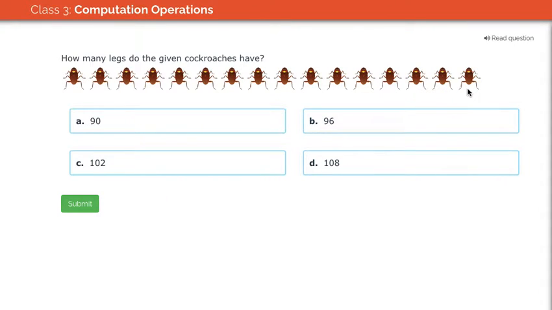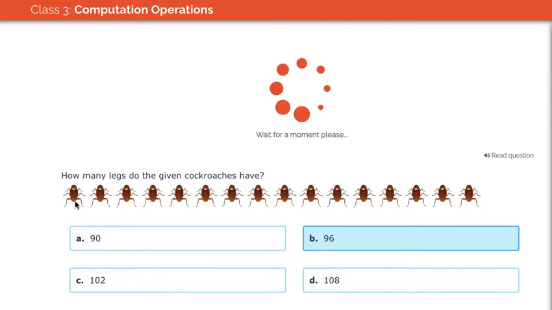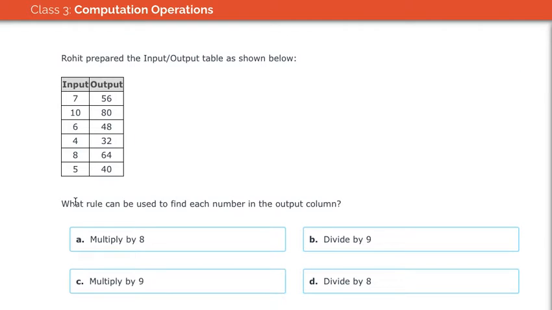Let's multiply 16 into 6, which is 96. Marvelous!